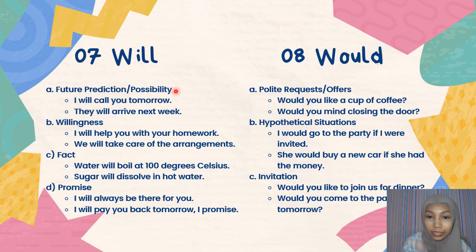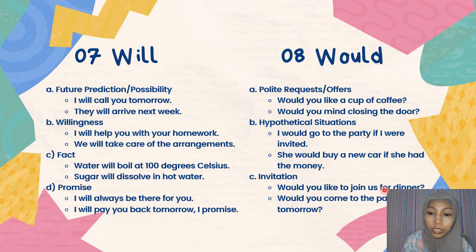The eighth is would. Would is used for polite requests or offers. For example, would you like a cup of coffee? And then would is used for hypothetical situations. For example, I would go to the party if I were invited. And next, invitation.